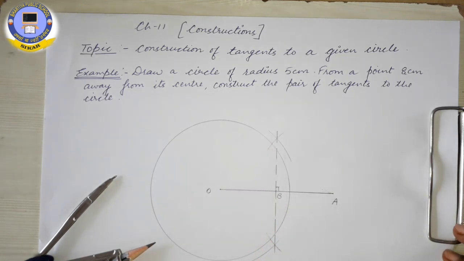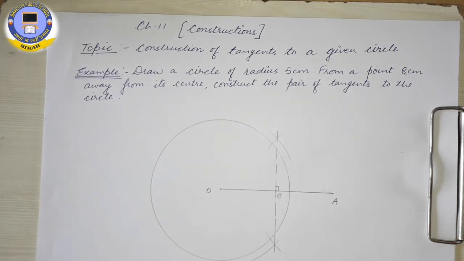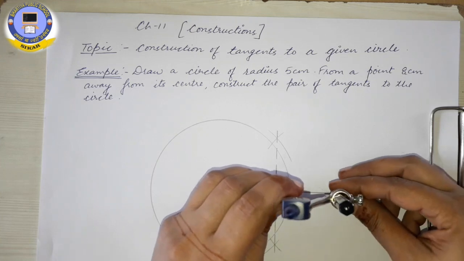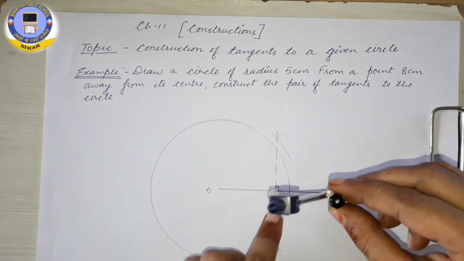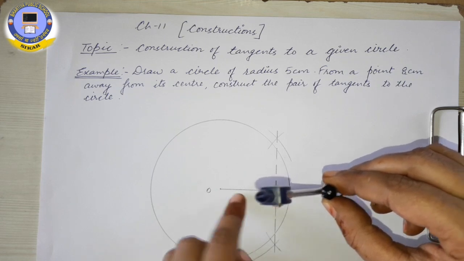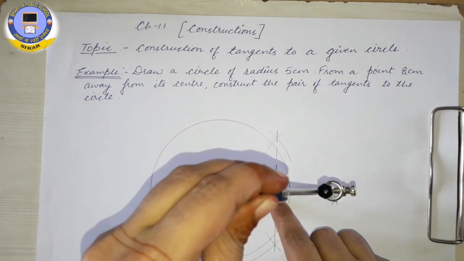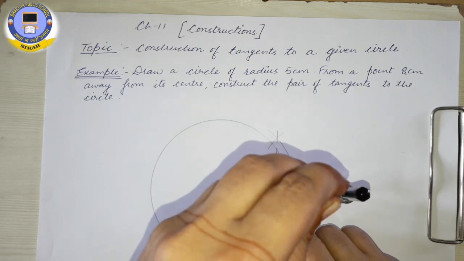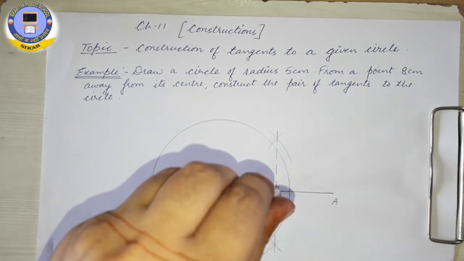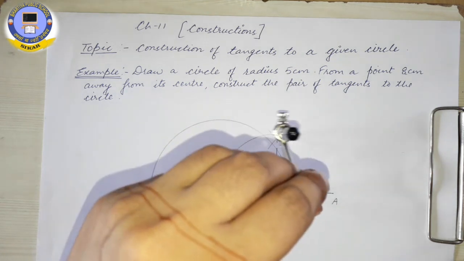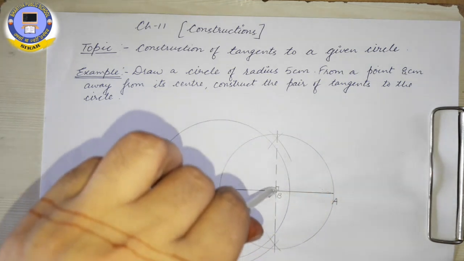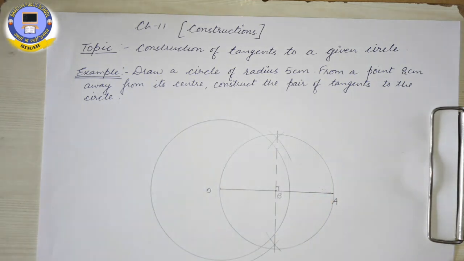Now the next step is taking B as center and radius equal to BA or BO. Both are the same thing because AB equals OB.